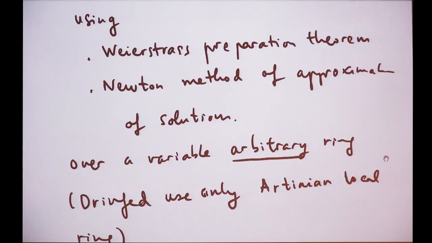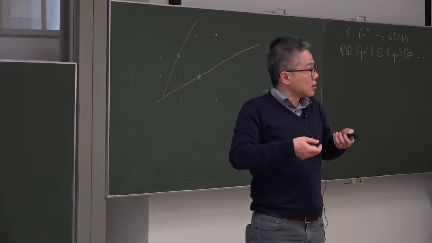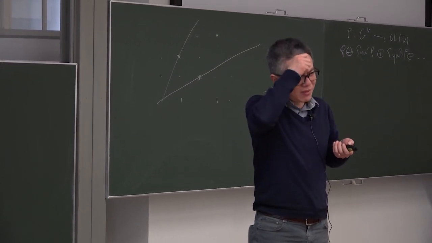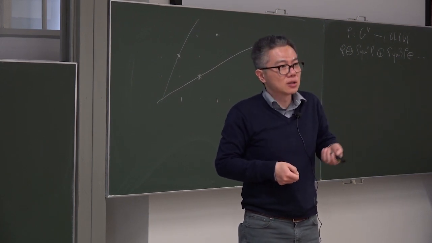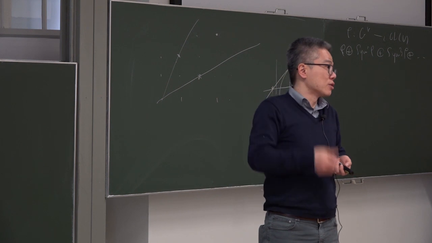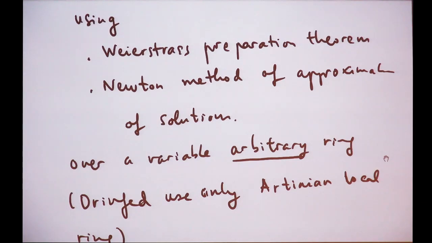You have a lot of elements which vanish at every point to infinite order. Usually, how is it possible for a function to vanish everywhere to infinite order? But there are a lot of those functions on arc space. That is the kind of thing that goes against the Newton method, for example.